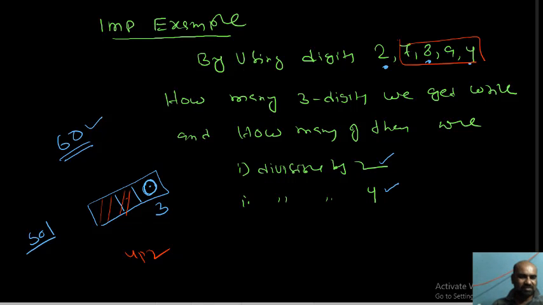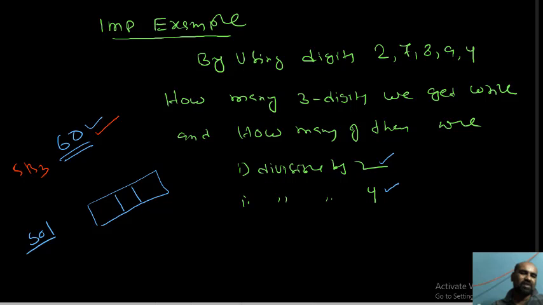Once again, listen students. Now we want to create 3-digit numbers. Already I explained, we get 5P3, so we will get 60 3-digit numbers. Among the 60, some end with odd numbers also, those are not divisible by 2. So I want to identify how many of the 60 end with an even number.